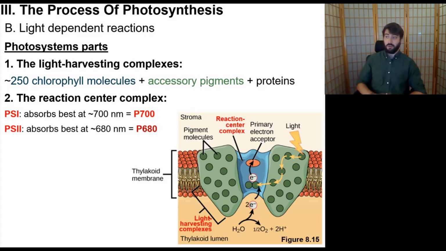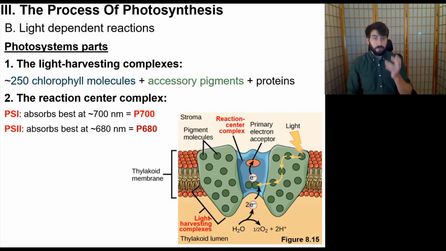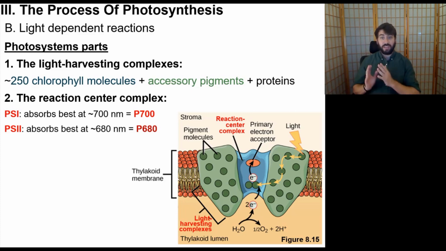Functionally, PS1 most efficiently absorbs light with a wavelength of about 700 nanometers, while PS2 absorbs light best around 680 nanometers. Because of this, we often refer to PS1 and PS2 as P700 and P680.